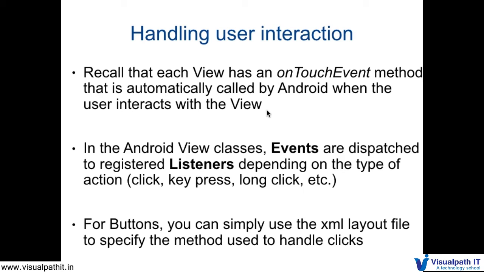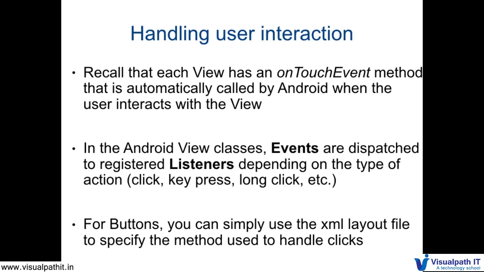On touch, on click. So these events can be used. And we can also have listeners, like long press, the click we have already mentioned, and a particular press of a key when you are doing a long press. So all these things we can also have listeners for.